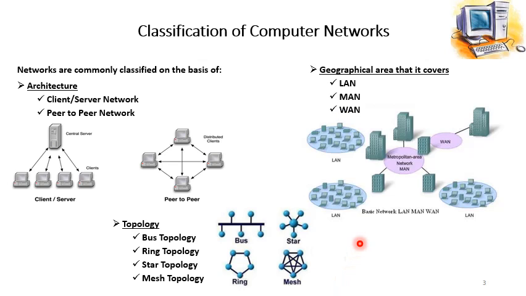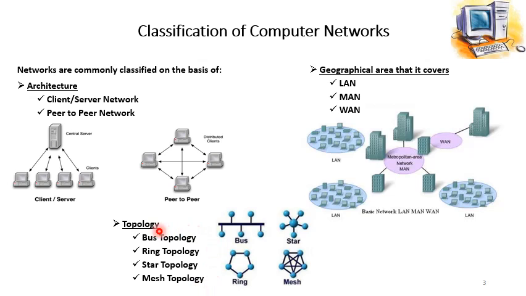And the third way of classification of computer networks is topology. Topology is actually the arrangement of nodes in a network. Nodes means the computers or the devices which are connected in a network, and different topologies are there, and the most commonly used topologies are bus topology, ring topology, star topology, mesh topology.